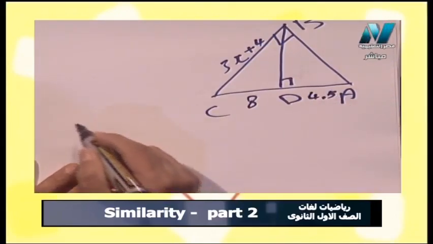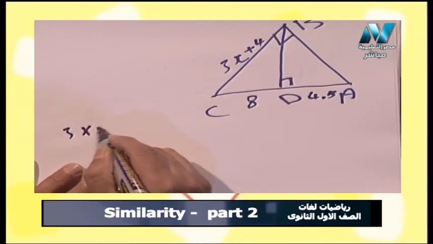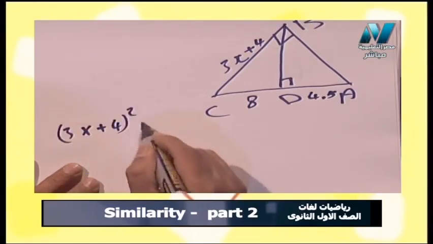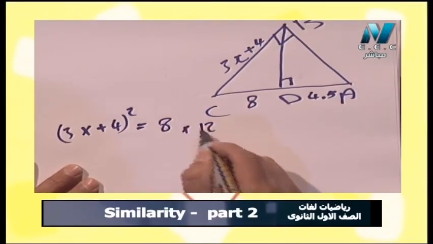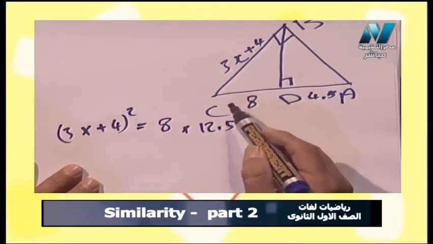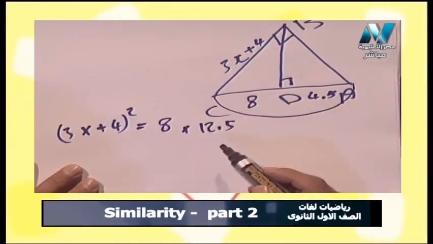So (3x plus 4) all power 2 equals 8 multiplied by 12.5, which is CA.